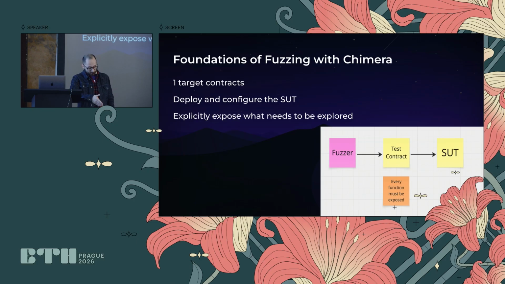Or you can take the approach that we use, which is the idea that we're going to deploy one test contract, typically as the setup function, something you should be familiar with if you use Foundry. And then from that test contract, we're going to deploy the entire system under test, which gives us all the contracts that are in the universe. We basically have access to them. We know what they are. We know the variables. We know the constants. We know the config. So that gives us a very controlled environment.